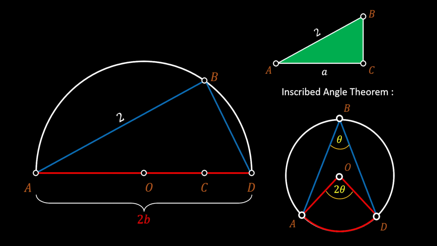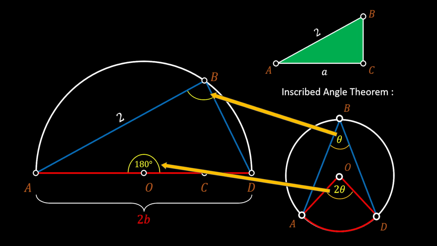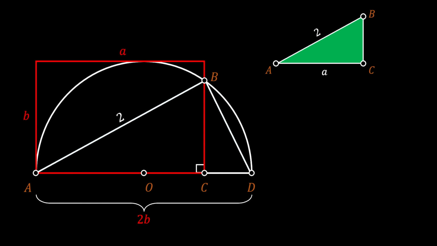So we can say that the angle at the point O represents the central angle and it is equal to 180 degrees. This angle corresponds to the angle 2 theta. So that means that the angle at the point B corresponds to the angle theta, and it is exactly half of our central angle of 180 degrees. So that means that the angle at the point B must be a right angle.